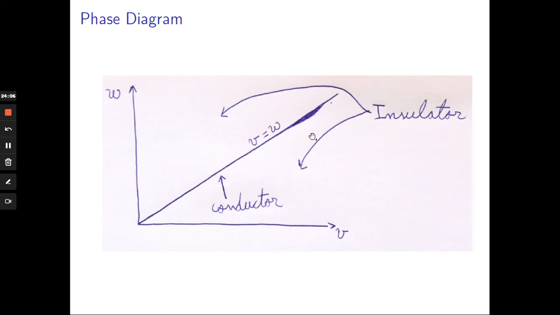And here the same thing, but we cannot go from here to here because we will have to cross this line at some point, and when we do so, we have a conductor state. So we say that these two regions of this parameter space correspond to two different topological phases of matter.